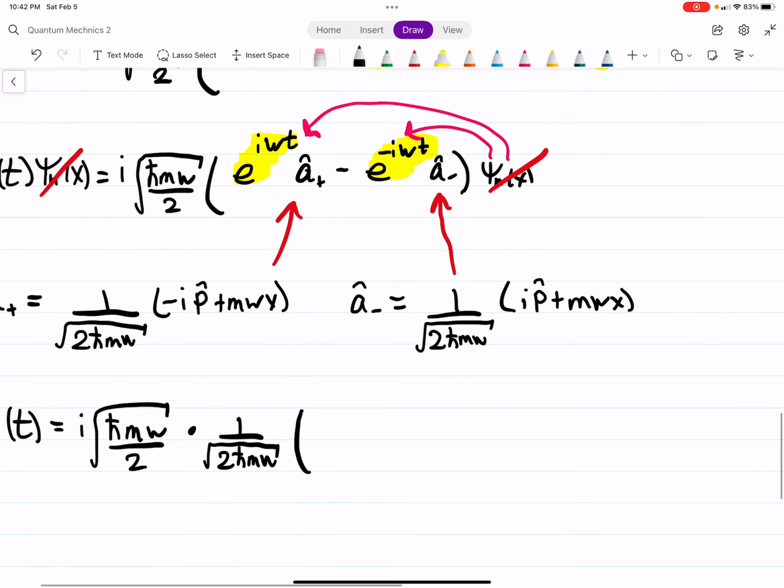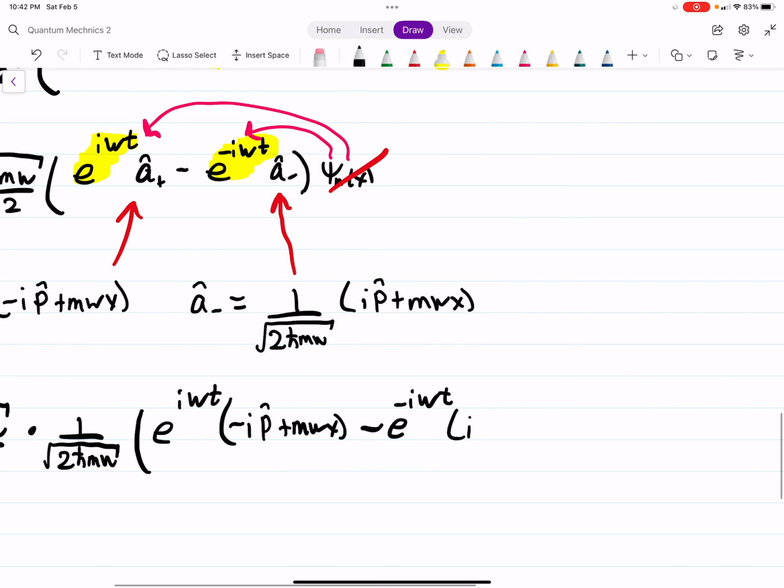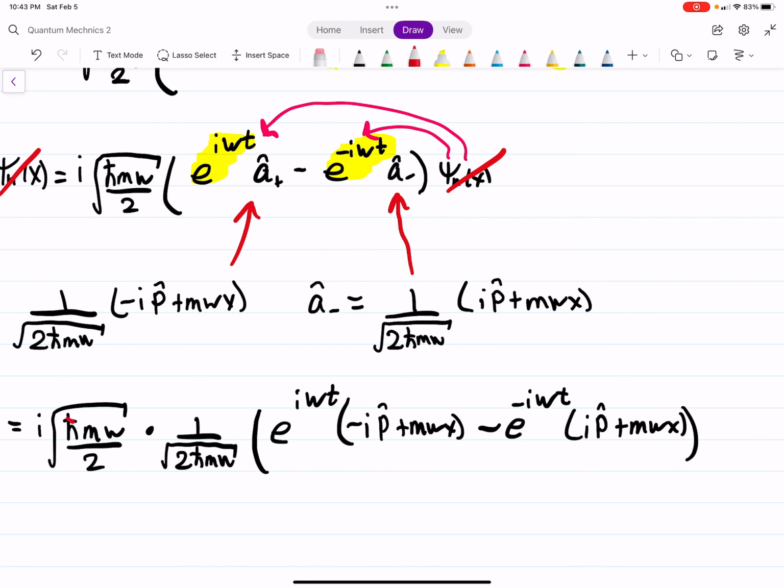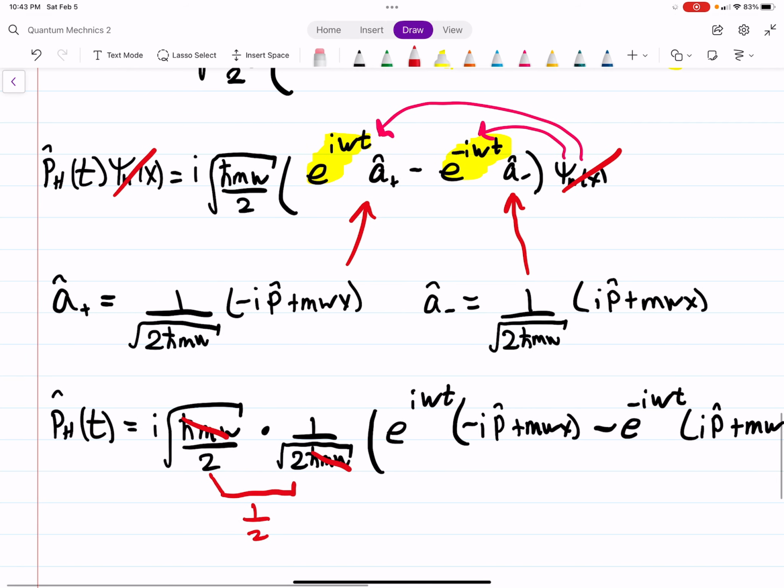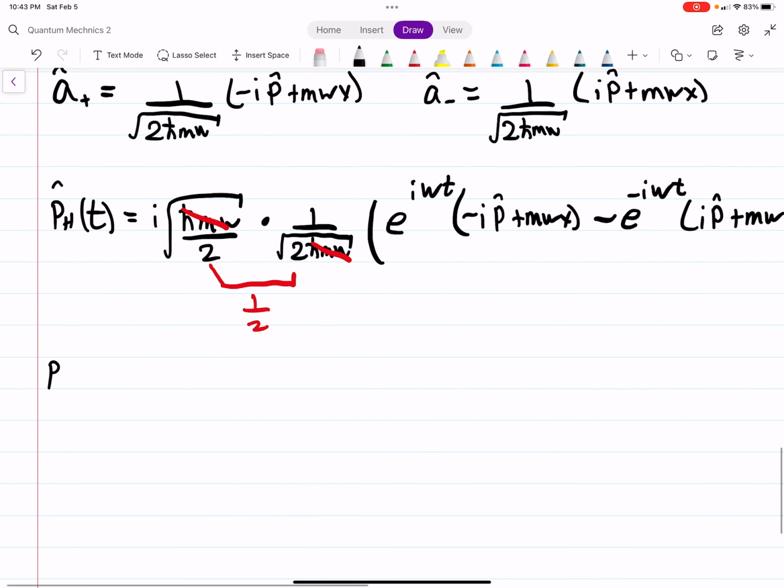And then you would have your e to the i omega t, and then replacing that with what we have left. And then you'd have an e to the minus i omega t. We'll replace that with the i p hat plus m omega x. Hopefully you see that these drop, and root 2 times root 2 is going to get you just a half. Okay, so those are common factors. They're in both the raising and lowering, so that simplifies it.